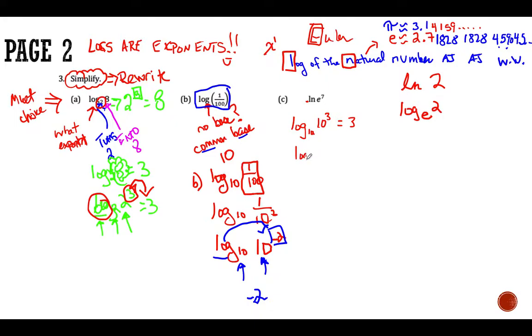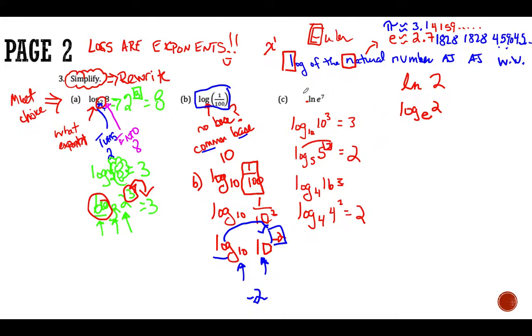What is the exponent that takes 5 and turns it into 25? Logs are exponents, so that exponent is 2. What is the exponent that turns 4 into 16? Notice what I did there? This time I wrote 16, but 16 is really 4 squared. So what is the exponent that turns 4 into 4 squared? Isn't that also 2?